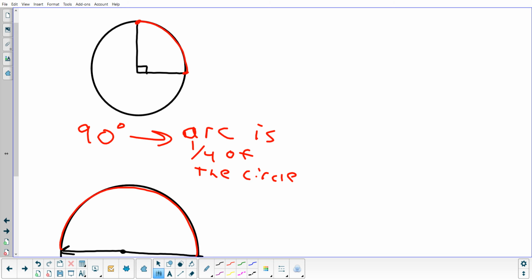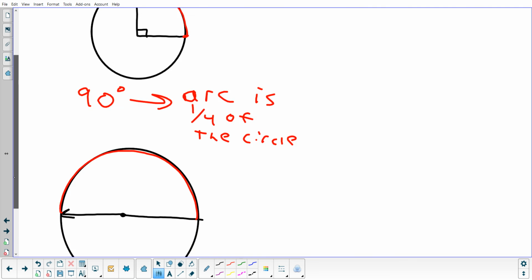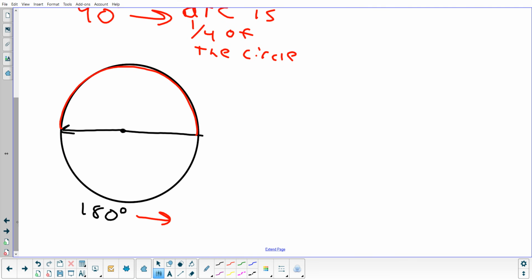When two things change like that, that's called proportional. Not everything works like that. Sometimes, for example, as one thing goes up, another thing goes down. But in this case, as one thing goes up, the other thing goes up with it. So in this case, with a 180-degree angle, the arc is half of the circle.